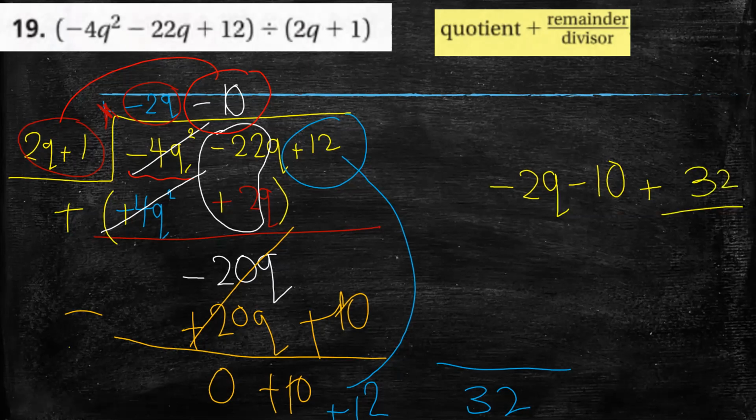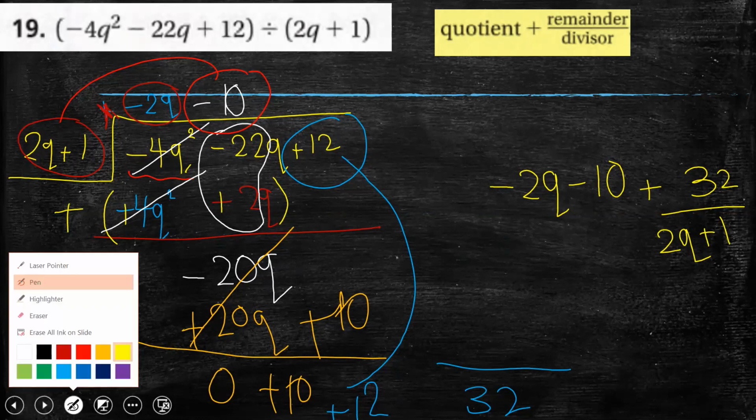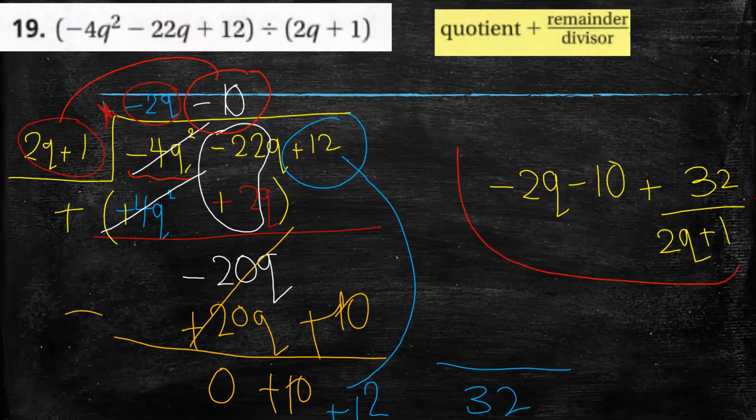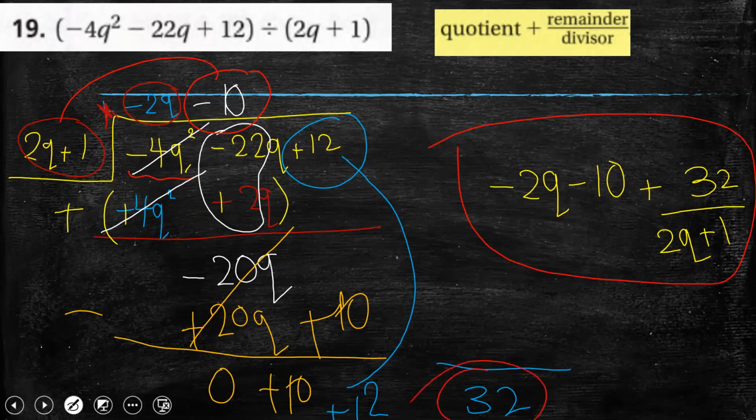Over, where's the divisor? 2q plus 1. Bravo. This is how we write the answer: negative 2q minus 10 plus the remainder, which is 22, over the divisor, which is 2q plus 1.